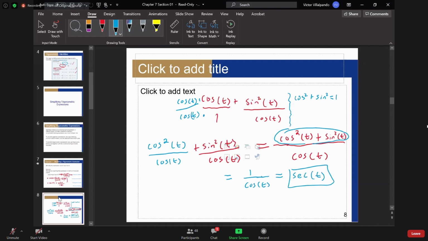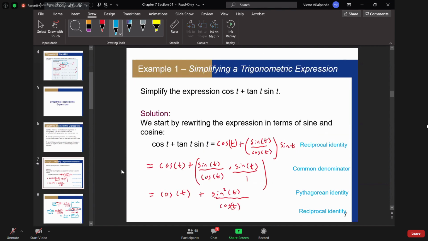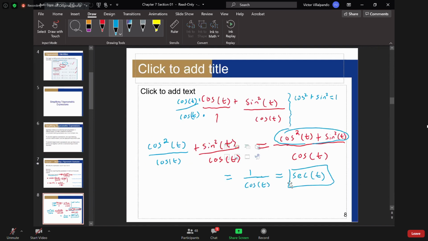So ultimately, what we started with in the regular color ink, cosine t plus tangent times sine, actually just equals secant. They're the same thing.